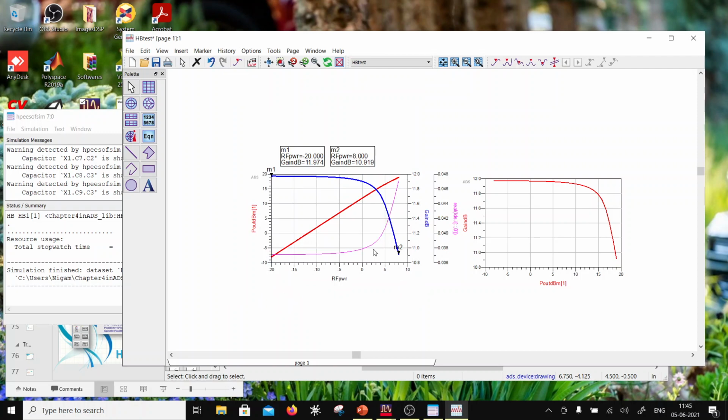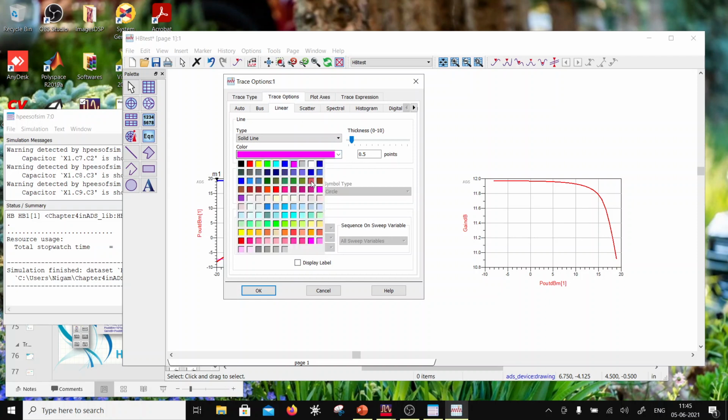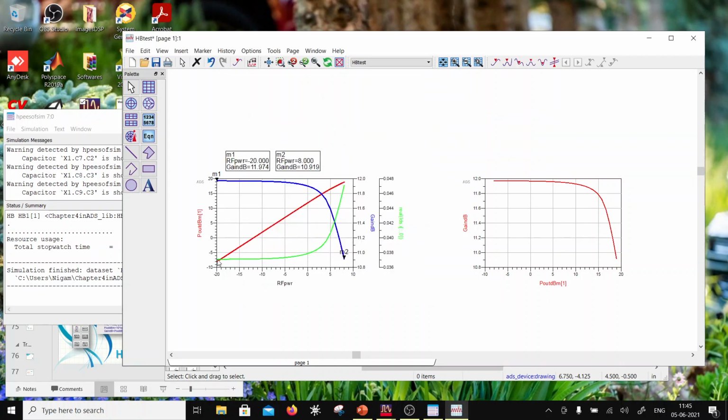Okay, so the quiescent current to start with was 37 milliamps, and as you hit it with power, the quiescent current moves up, right? Almost to 47, 10 milliamps up.